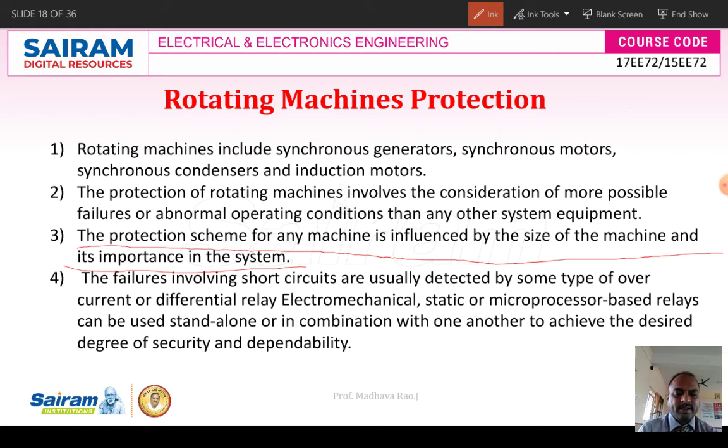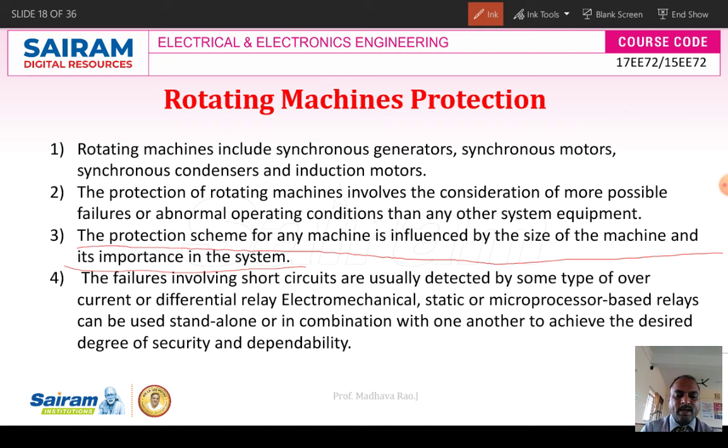We have studied these types of relays in the first and second modules: electromechanical relays, which are classified as electromagnetic relays, induction disk and induction type relays, then static relays, microprocessor based relays, and numerical relays.